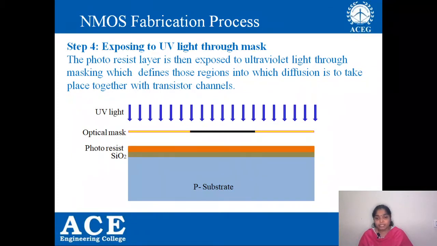So now we are exposing this photoresist to UV light through this mask. The area of photoresist which is not exposed to UV light will remain soft, because we are using negative photoresist, and the area which is exposed to UV light will harden.